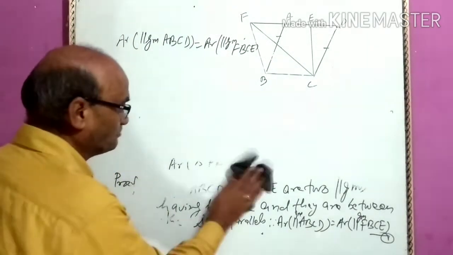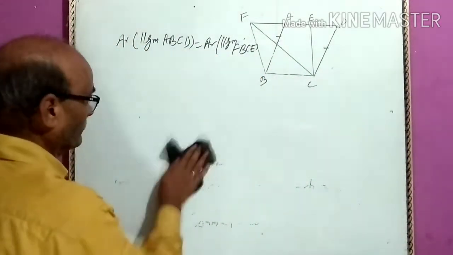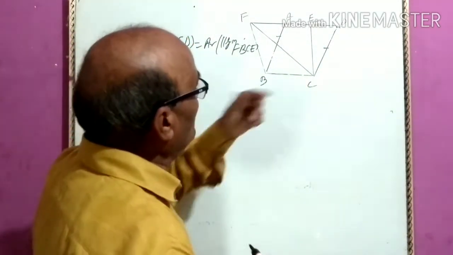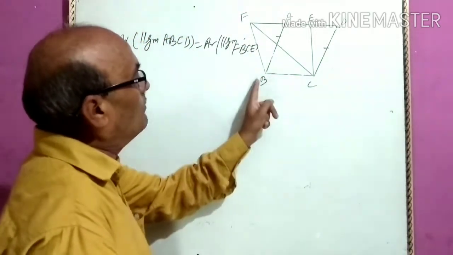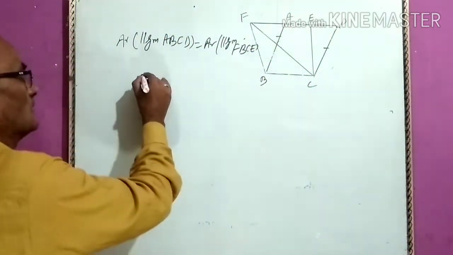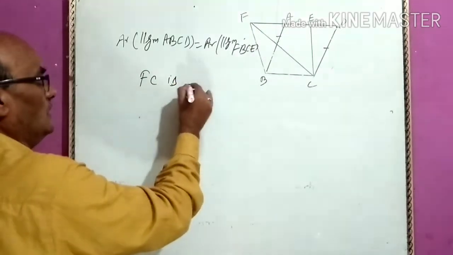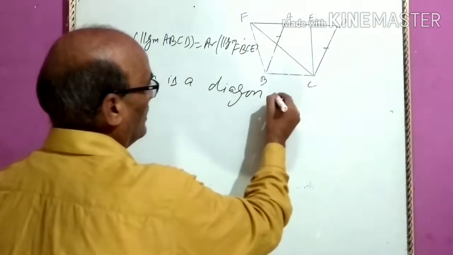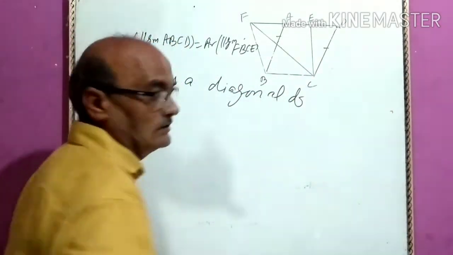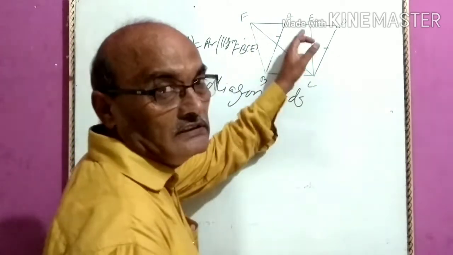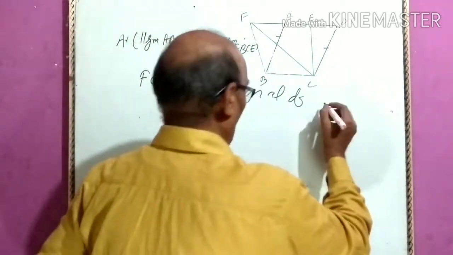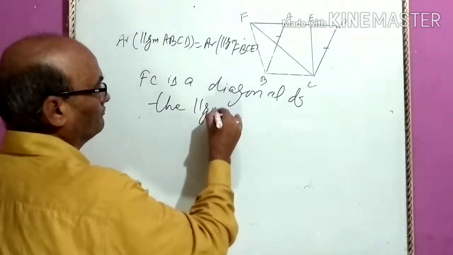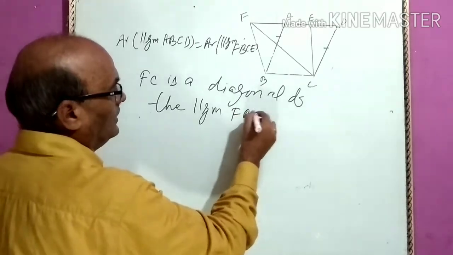Now, look here. FC is a diagonal of the parallelogram FBCE. FC is a what? Diagonal of the parallelogram FBCE.